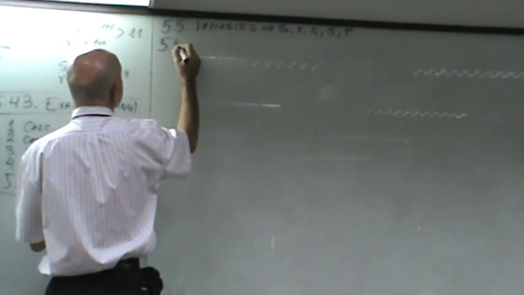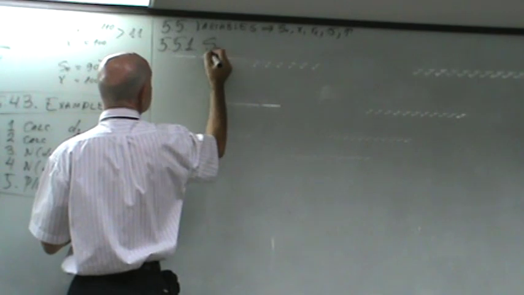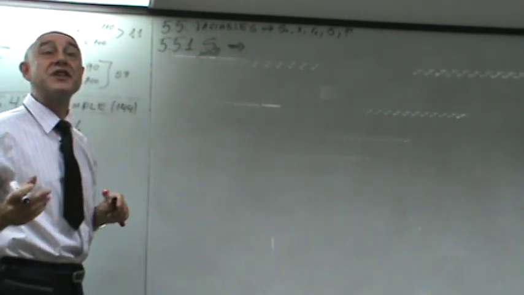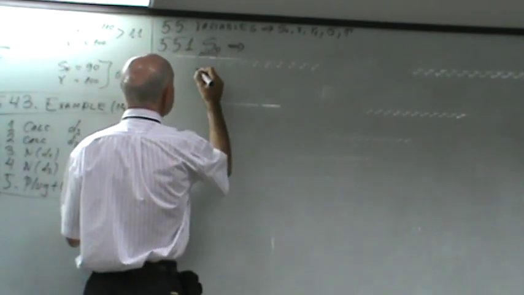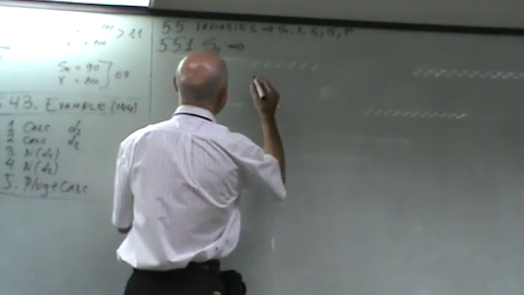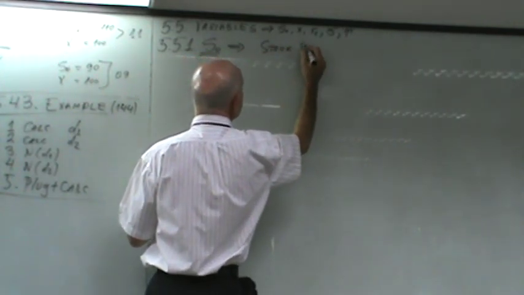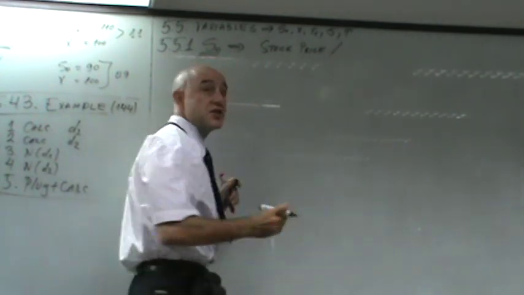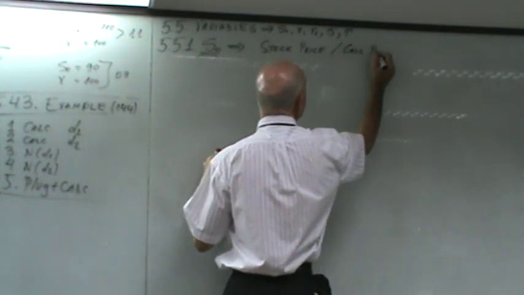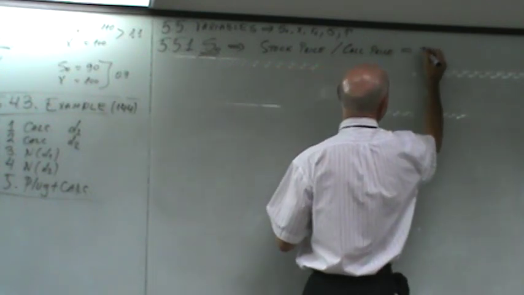So, the first one is S0. The relationship between the stock price and the call price is often called the delta.